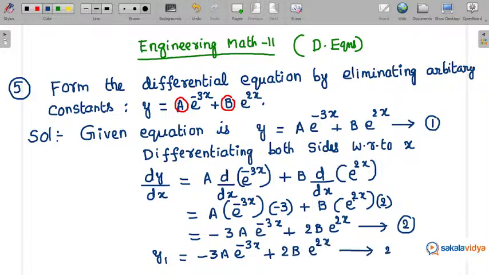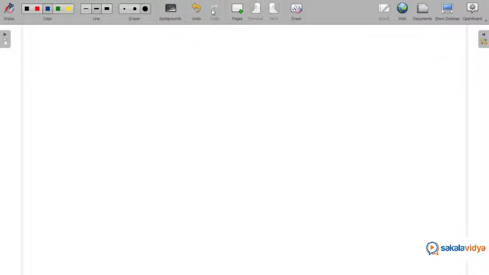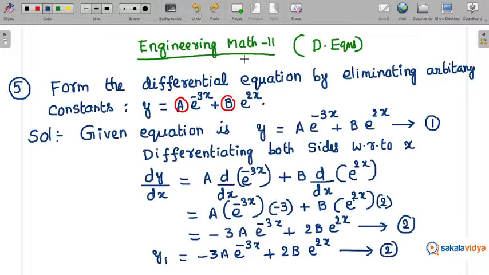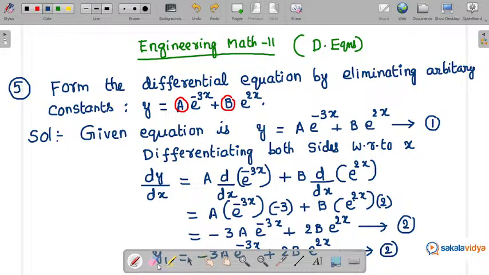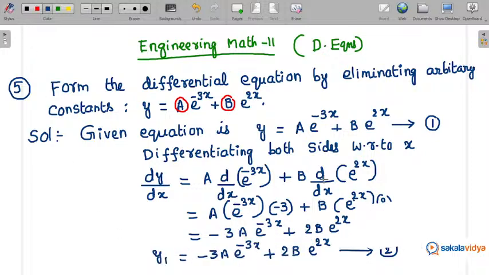This is equation 2. Again differentiate it now.